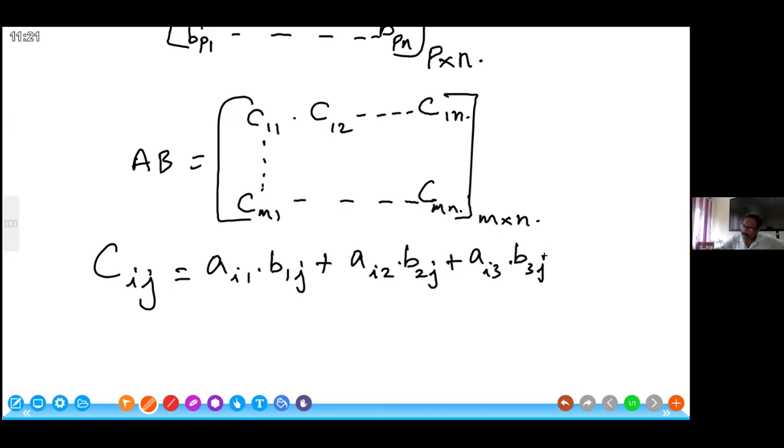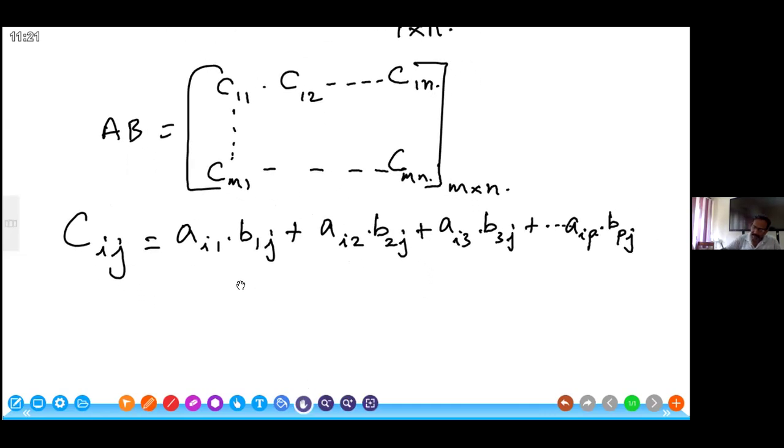Likewise, it goes up to the last point, AiP into BPj, in general form, right?